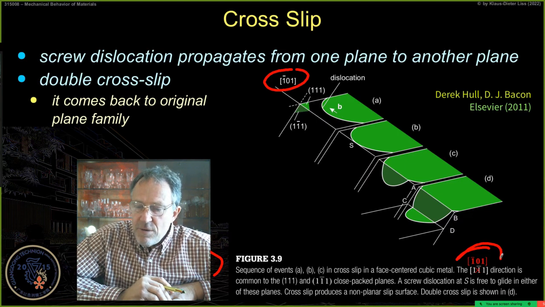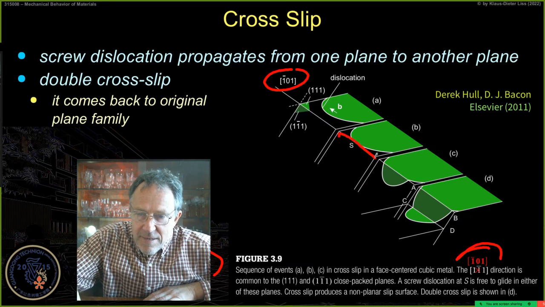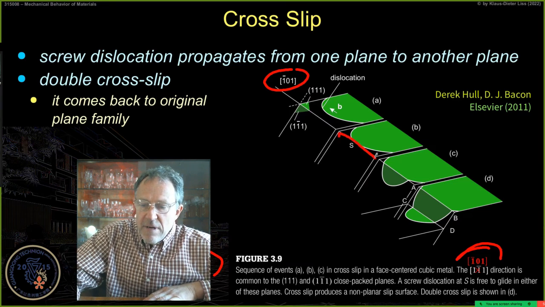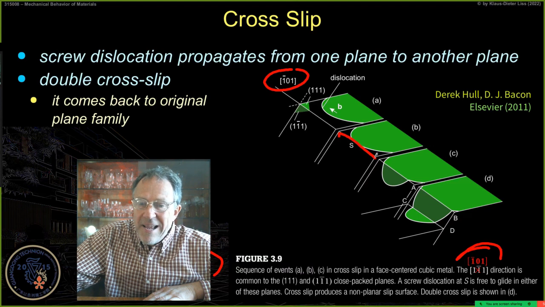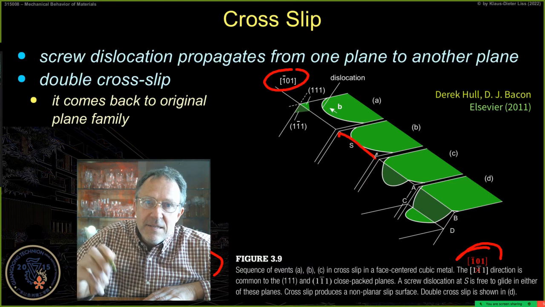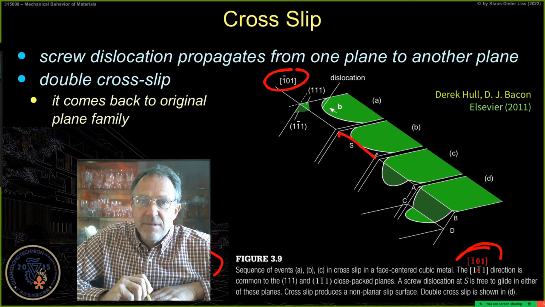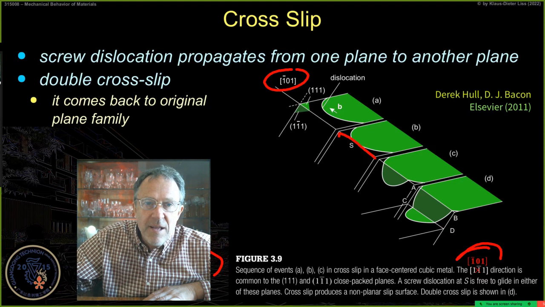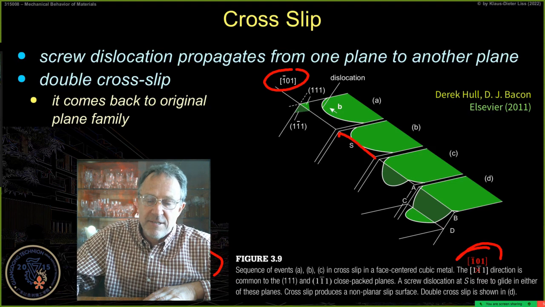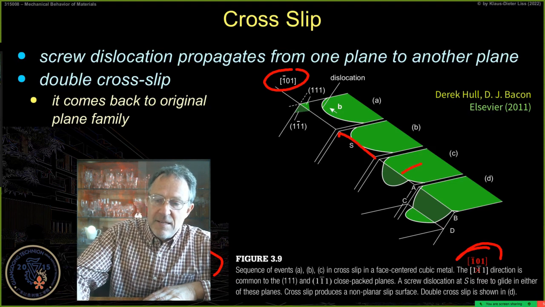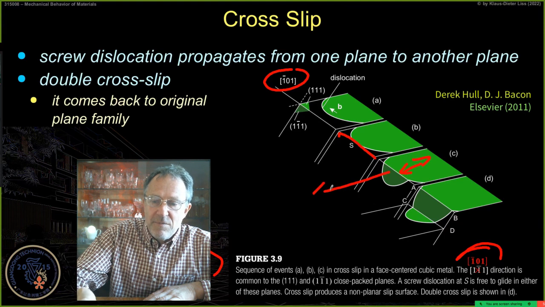And then a screw dislocation at S, so at the line here, is free to glide in either of these planes. And it glides into which direction? Where we have the larger resolved shear stress. Yeah? So if the larger shear stress tau is in this direction, then it would continue like this.